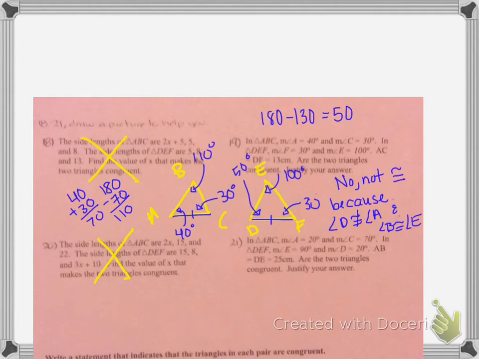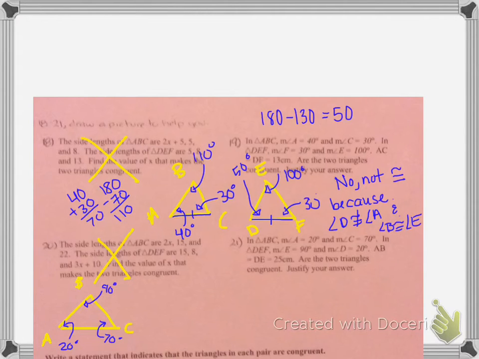Alright, let's take a look at problem number 21. It's given us two more triangles. I'm going to draw triangle ABC. It tells us that A is 20 degrees and that C is 70. I can find the missing one. 20 plus 70 is 90, and 180 minus 90 is 90. So the missing one must be 90.